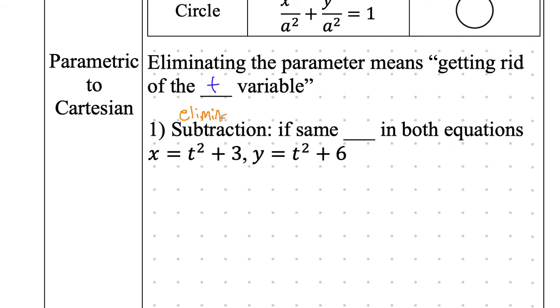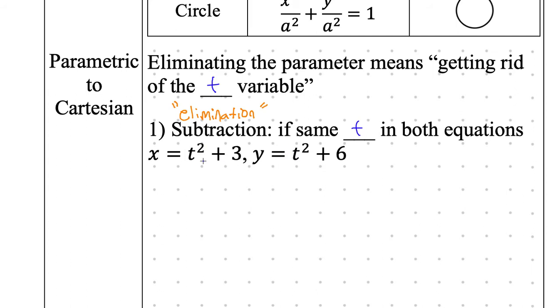Elimination might be a more apt name for it, because you're just trying to eliminate that t variable. And that's only if you have the same t in both equations. So in this example, I have a t squared and a t squared, so this is a good way of doing it. If I had a t cubed here or something, then it wouldn't work, although you could probably still use it. If I had 2t squared, I just have to subtract 2 of these.